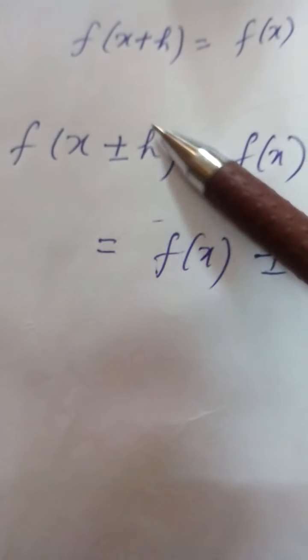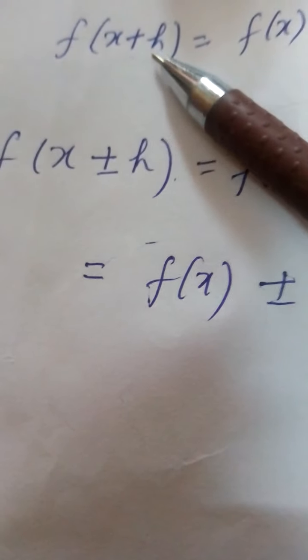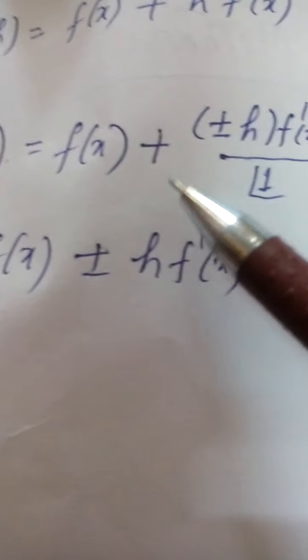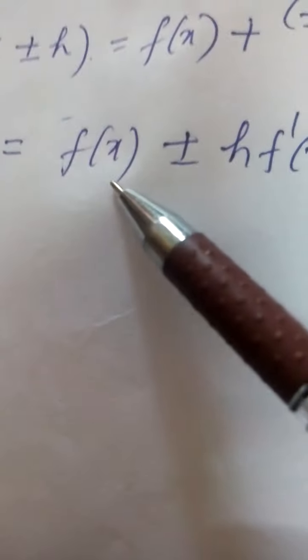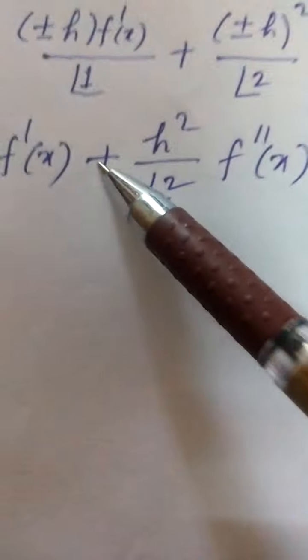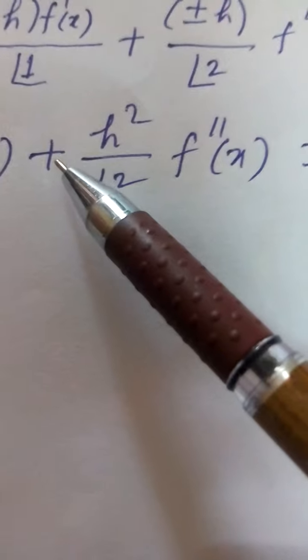Just in place of h here, you put plus or minus h. So the formula is f of x plus or minus h is equal to this plus or minus this and this. This is plus, not plus or minus, because square, plus square is plus, minus square is plus. So this goes up to infinity. Okay. Now this is the Taylor series.